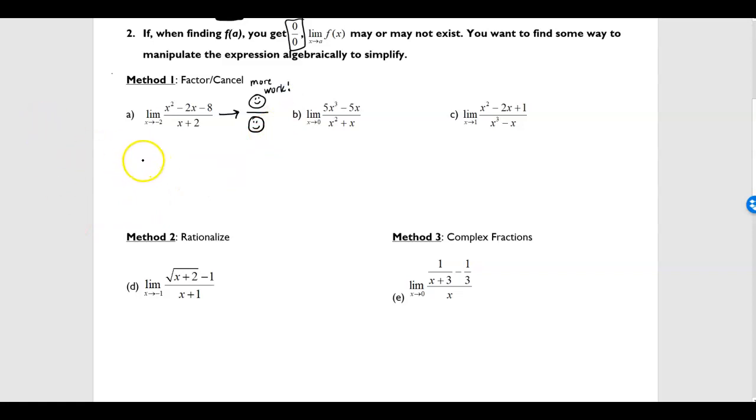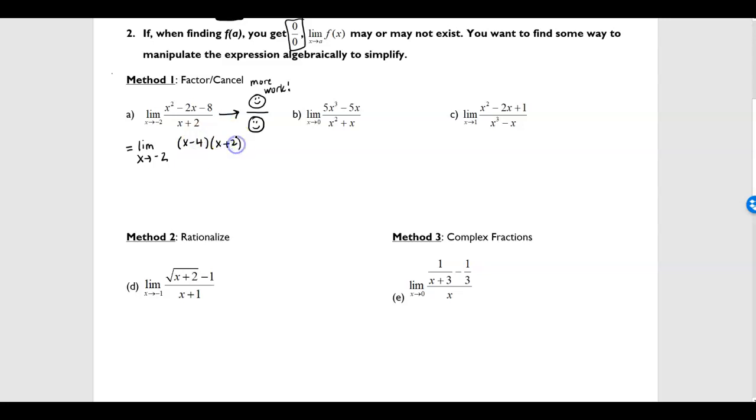And so our first thing is to look at this and decide, is there anything I can factor? And I can see that I could factor the numerator. Now what's important here is that I have to still write my limit at the front of my expression. And I have to do that until I actually evaluate this at negative 2. So I haven't actually plugged in the negative 2 yet, just still factoring.